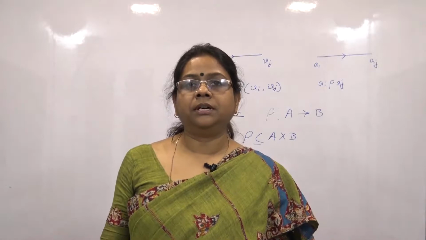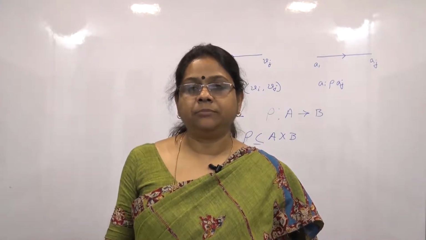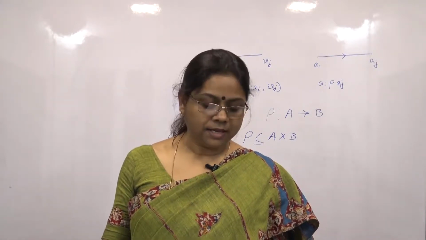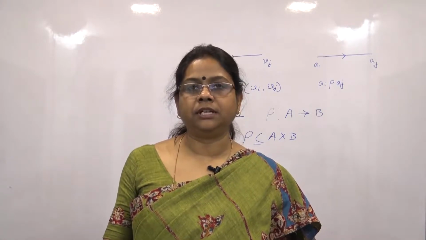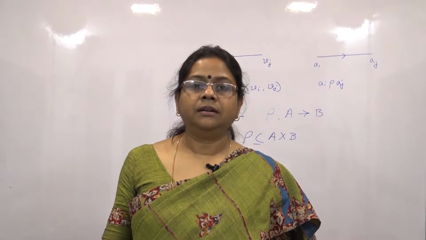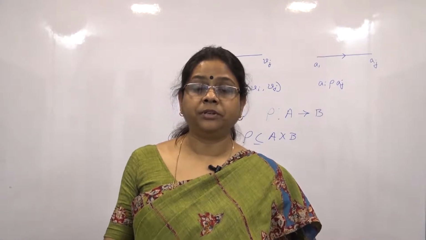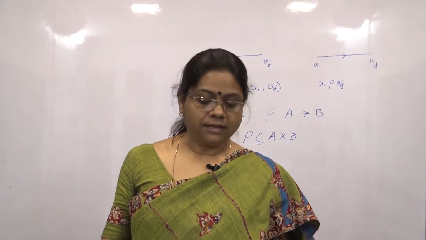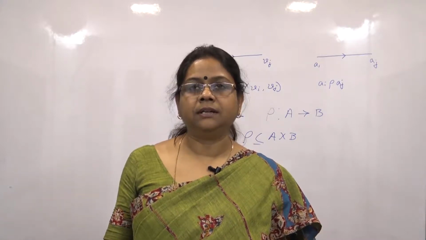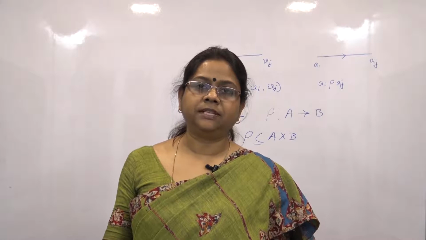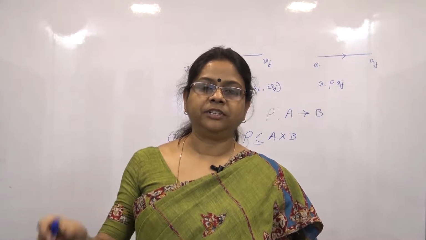Now we know a relation is of three natures. It can be a reflexive relation, it can be a transitive relation, it can also be a symmetric relation. How to represent that, and how can we find whether a relation is reflexive by seeing its representative digraph?